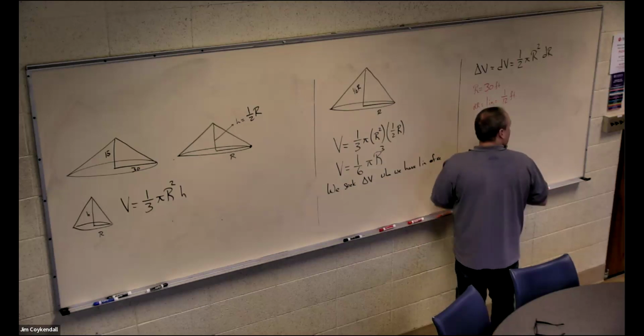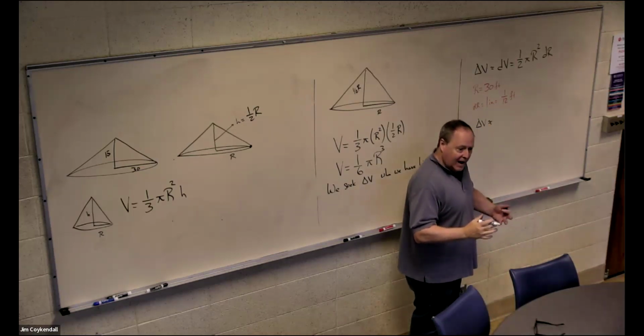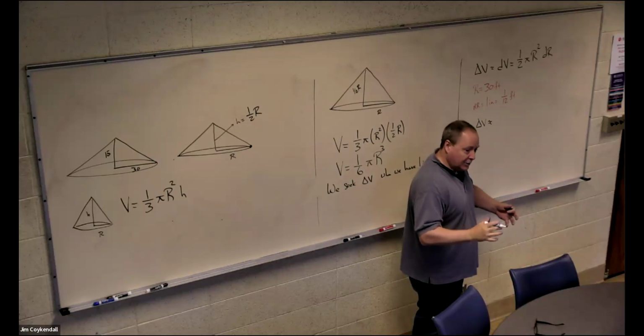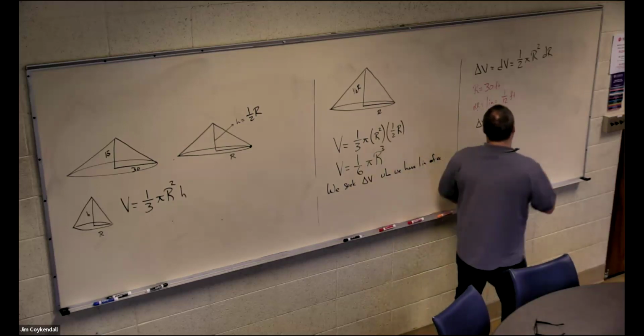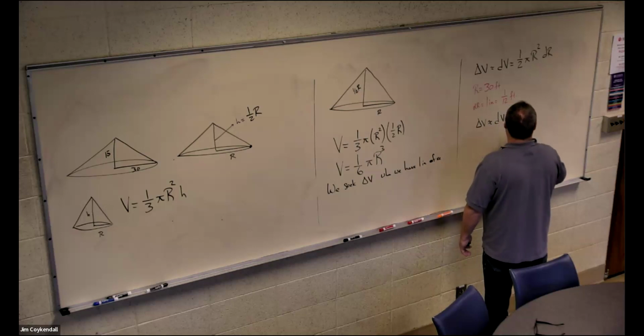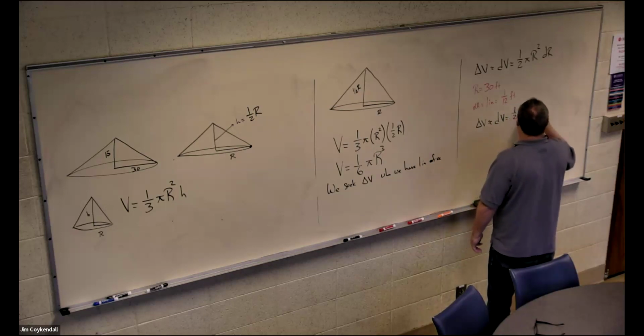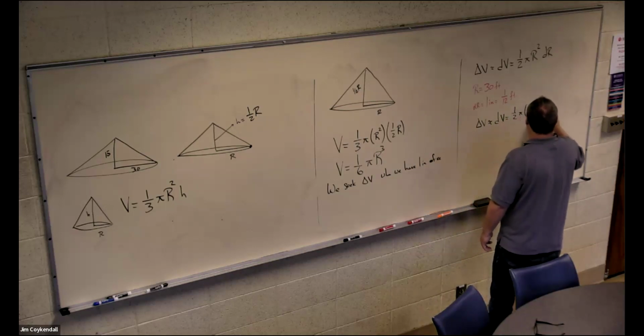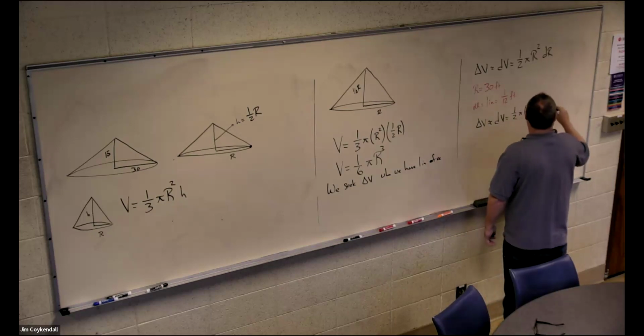Change in volume. Change in volume of this guy's roof, which is the amount of ice you've added to it. You went from roof with nothing, roof with some volume of ice, is approximately equal to this differential estimate, which is 1/2 pi, 30 feet squared, comes to 112.